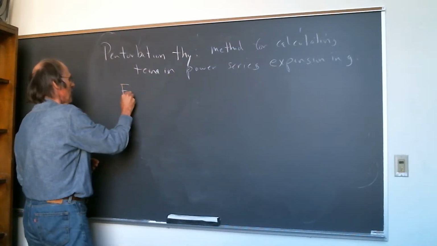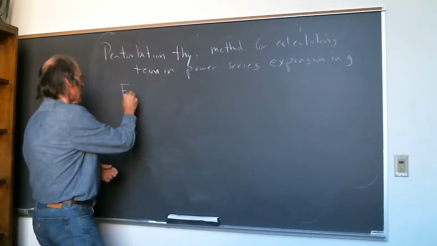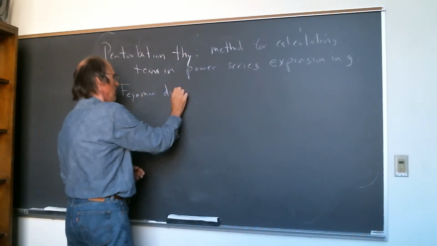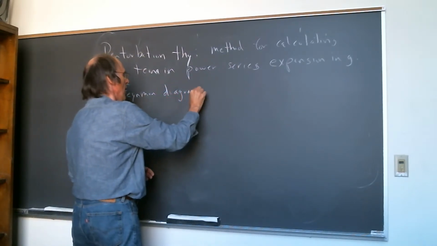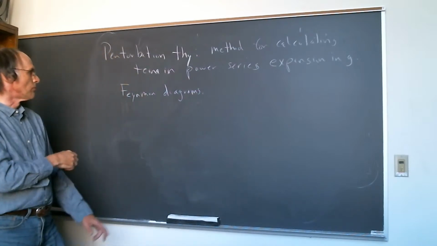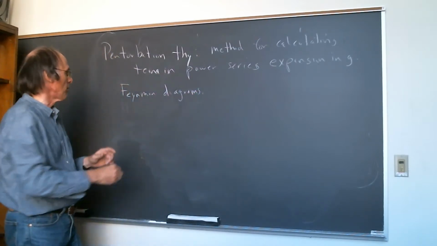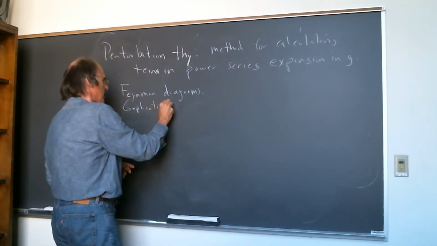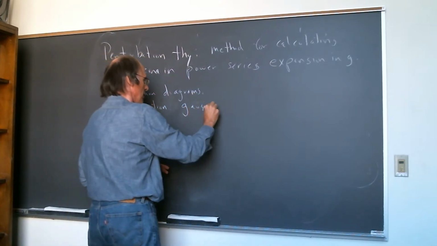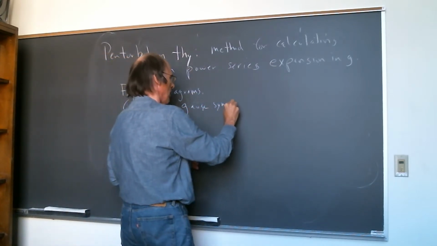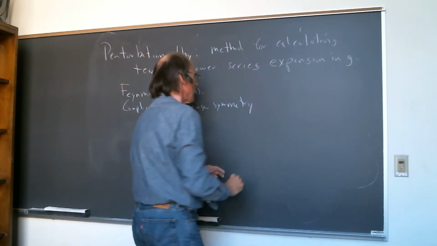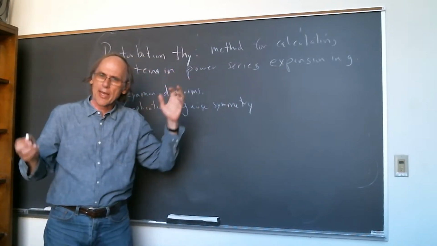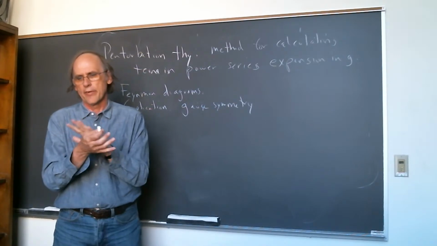Typically the diagrammatic version of this involves Feynman diagrams. And one complication is gauge symmetry. As I mentioned as we were going along when I was talking about gauge symmetry, in the U1 case there are various ways of handling it.